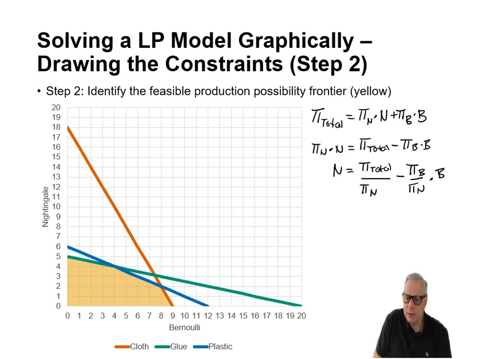So that is basically the intercept of our ISO profit line, and here the ratio of the unit profit of Bernoulli to nightingales, that is the slope.